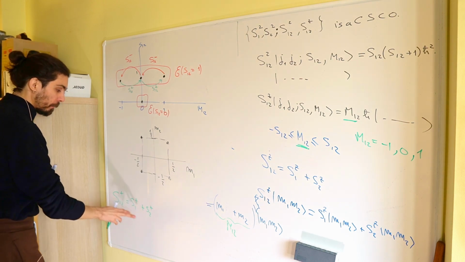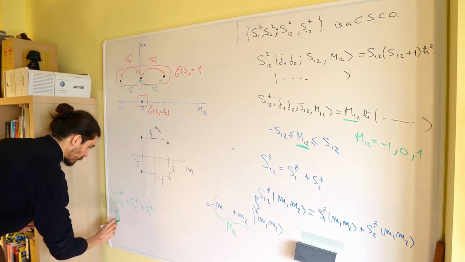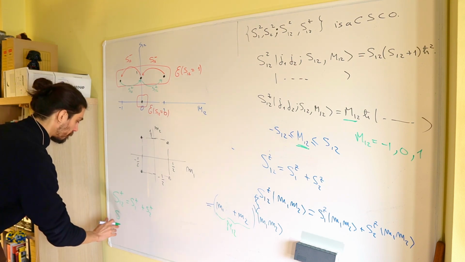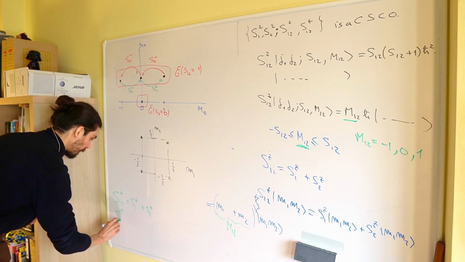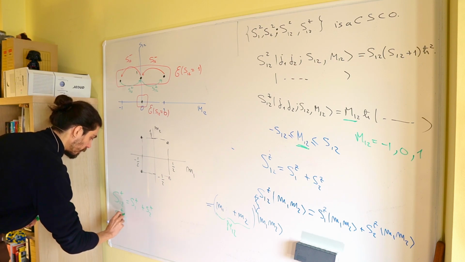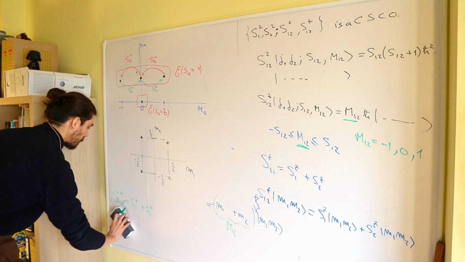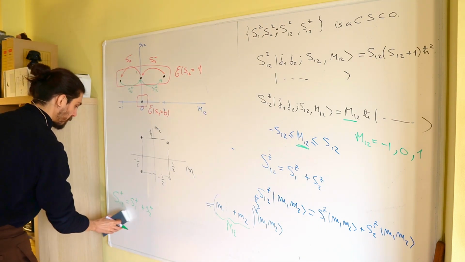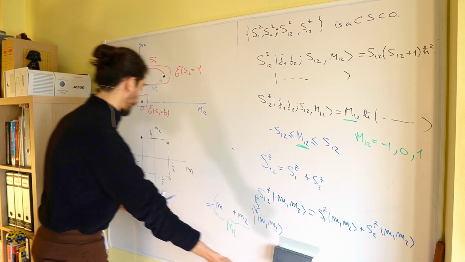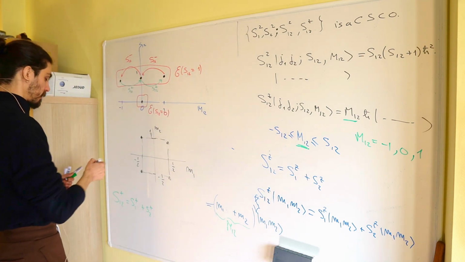In turn, S1 plus and S2 plus are understood as S plus 1, but I'm going to write it later. It's probably better to just focus on the picture first. So this is the definition, okay? You just act like this.